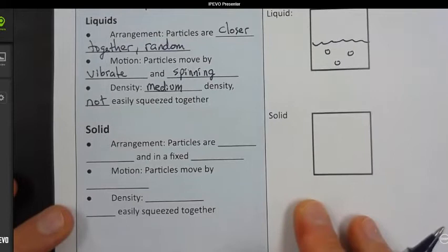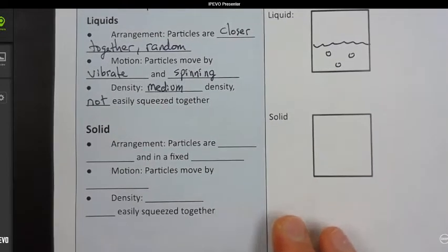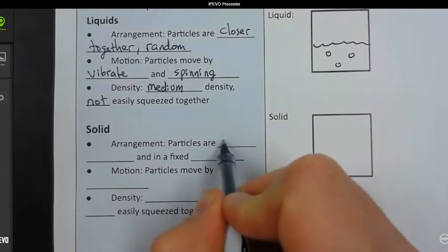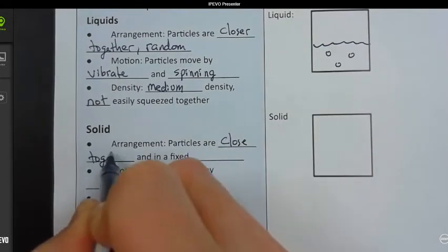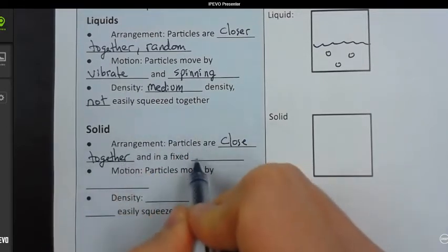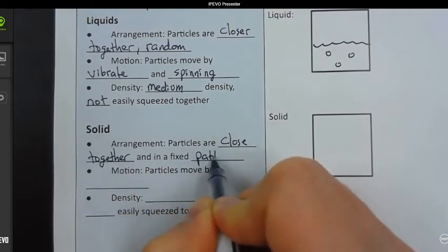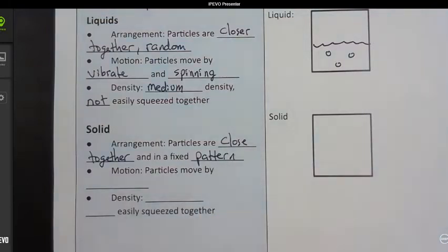And then the last phase we're just going to recap with are solids. For the arrangement, the particles are close together, very close together, and in a fixed pattern. So in terms of like a salt crystal, there's particular arrangement and kind of edges to those crystals because the particles are in such a aligned pattern.